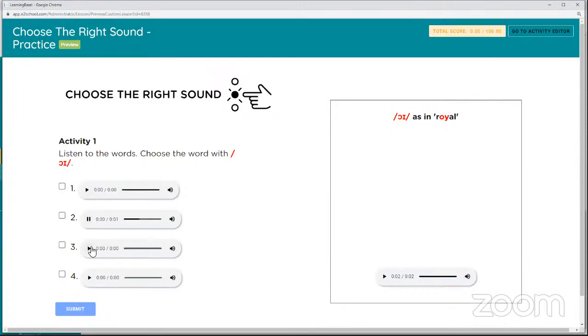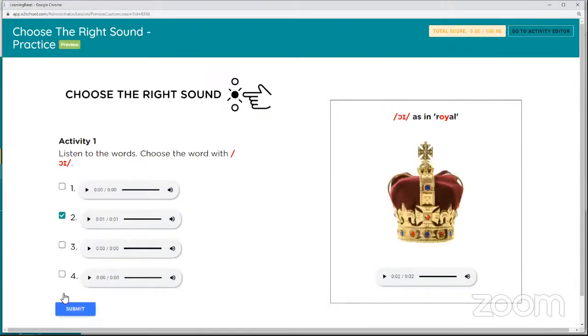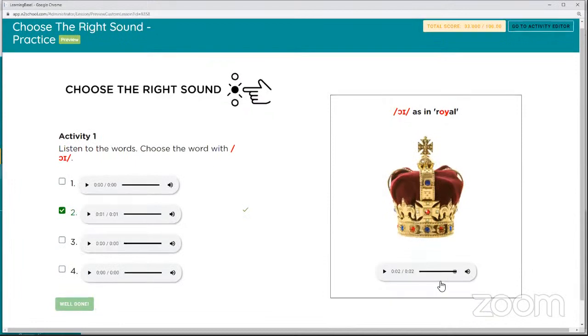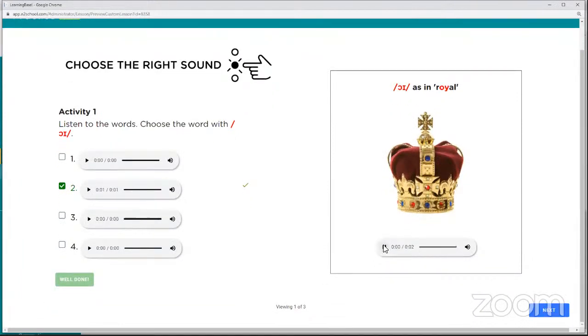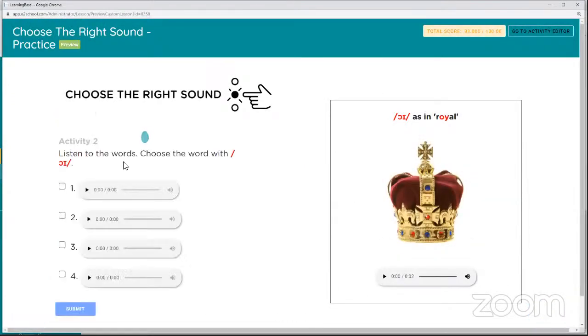Can, coin, con, kin. Coin, coin. Yeah, good work. There's our sound. Oi, oi, oi. Buy, bay, bow, boy.